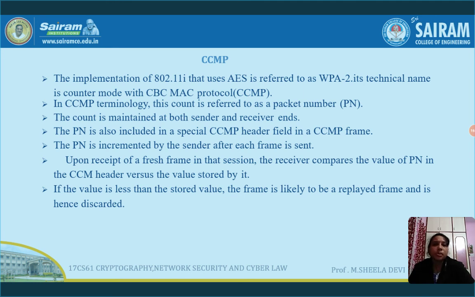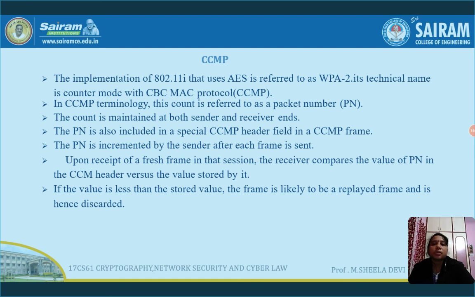So this CCMP is used to check the integrity. TKIP was used to check the confidentiality. How we can check the integrity is with the help of the field called packet number. When the receiver gets a packet, it will be counting every packet one by one.